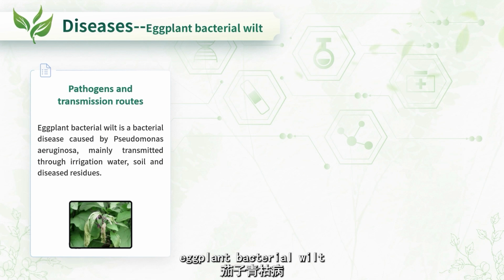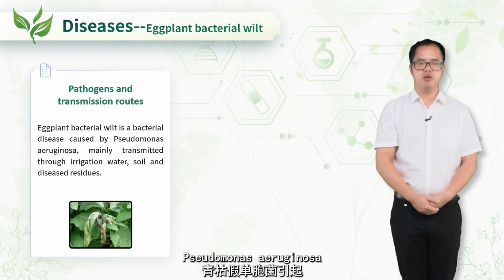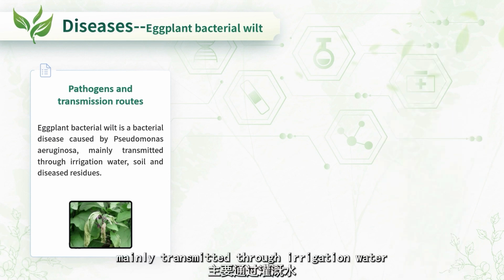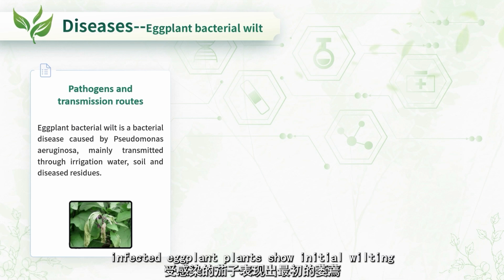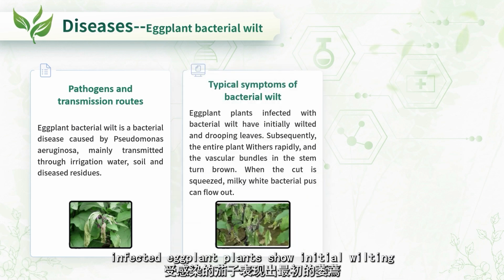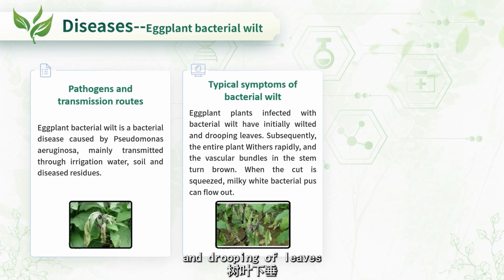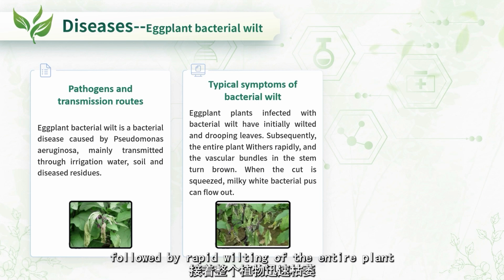Eggplant bacterial wilt is a bacterial disease caused by Pseudomonas aeruginosa, mainly transmitted through irrigation water, soil, and diseased residues. Infected eggplant plants show initial wilting and drooping of leaves, followed by rapid wilting of the entire plant.